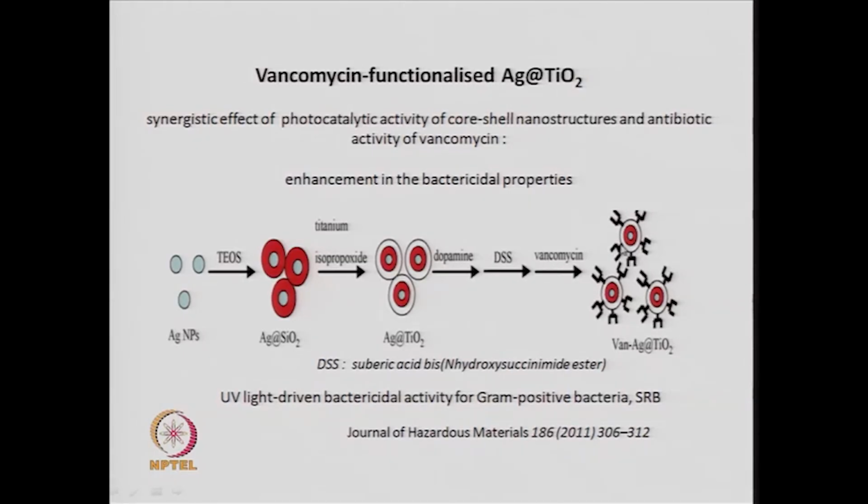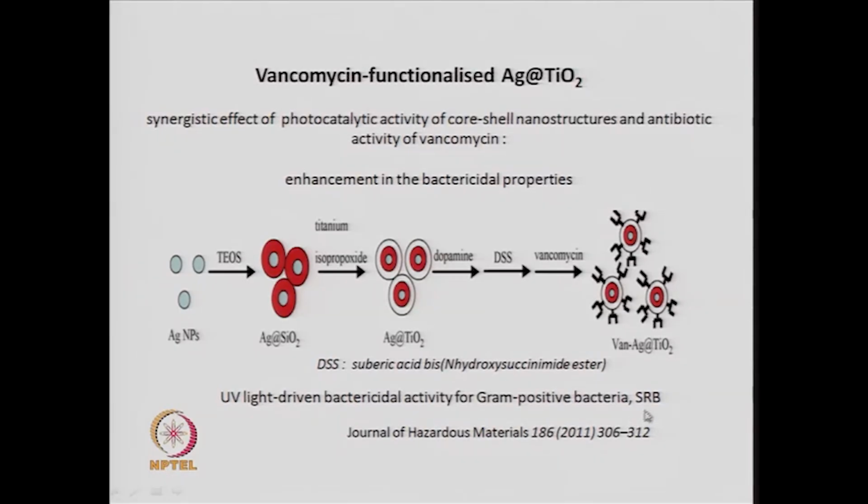These black fork like things show you where vancomycin, the antibiotic, is bound on the surface of the core shell nanostructure. Once you get this vancomycin core shell nanostructure, it can be used to act against bacteria, and study the bactericidal activity for gram positive bacteria.